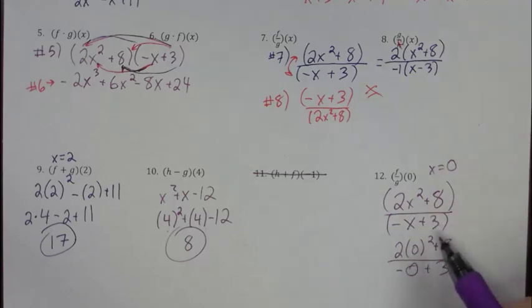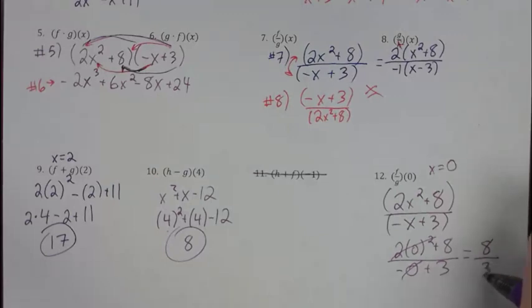Those 0 terms will just cancel out, and we end up with just 8 divided by 3. That covers all 4 operations when we are combining functions, using all 4 of them. And that concludes part 1 of this lesson.